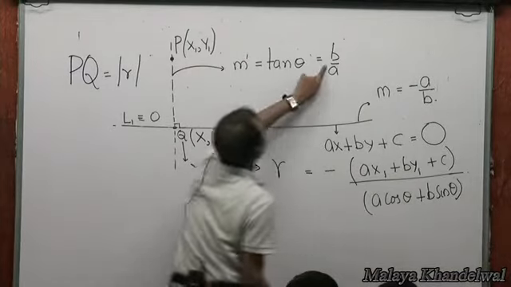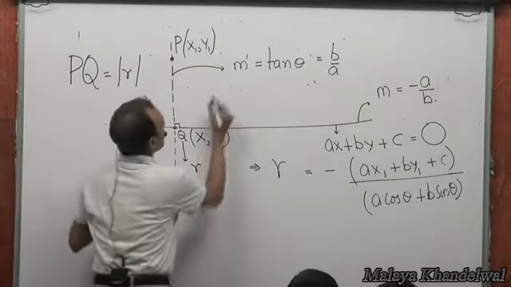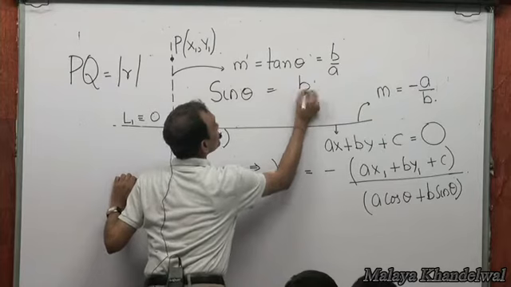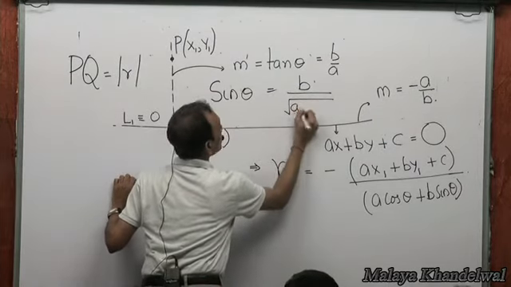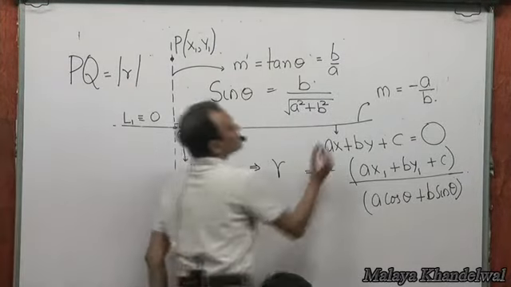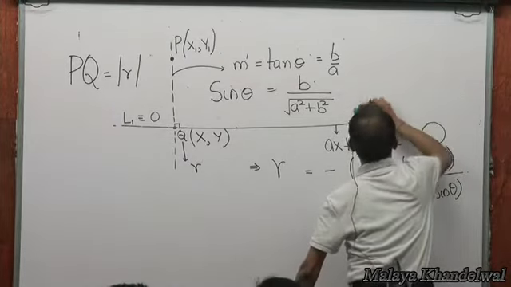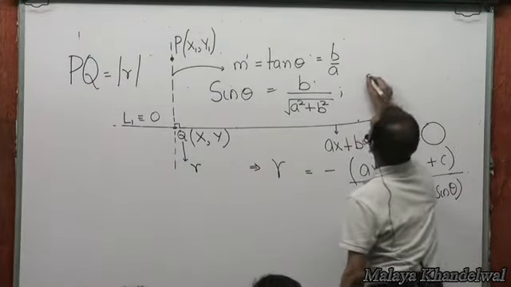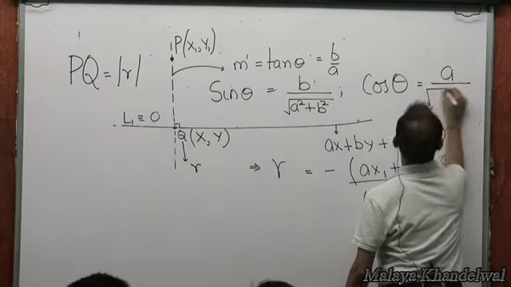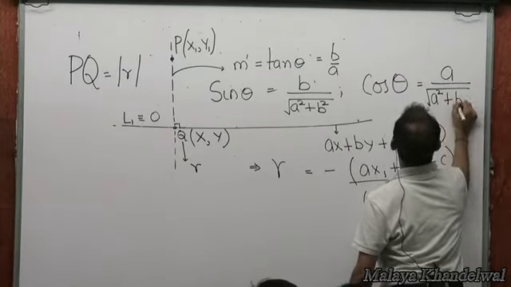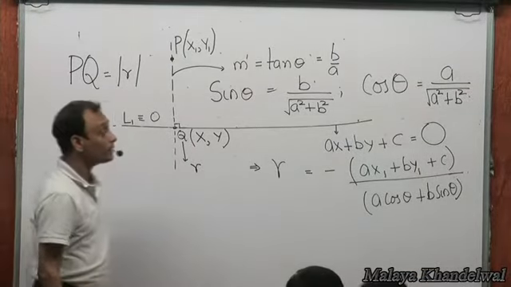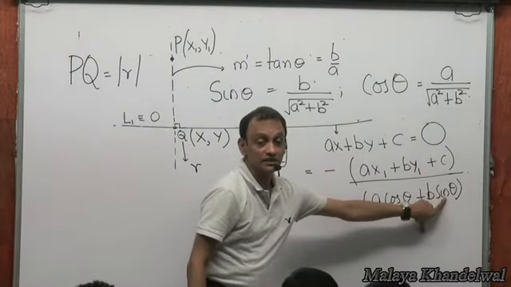Now, given that tan theta is b by a, the slope of this line, do you realize that sine theta is going to be b divided by root (a squared plus b squared)? That's going to be sine theta. Cos theta is going to be a divided by root (a squared plus b squared). That's going to be cos theta. I can plug in cos theta and sin theta here.